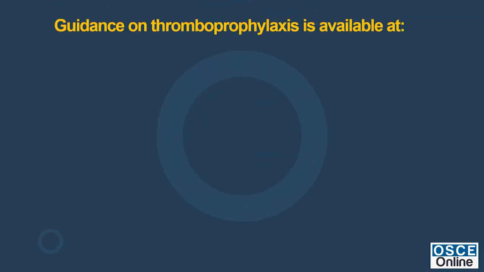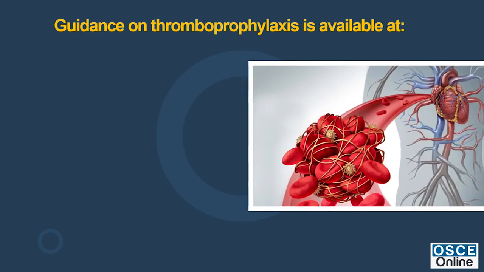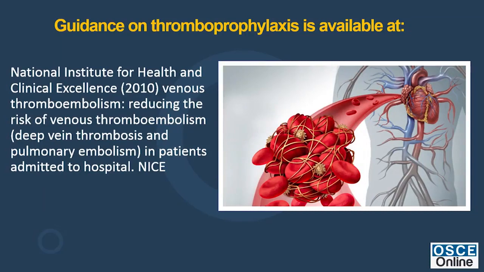Guidance on thromboprophylaxis is available at National Institute for Health and Clinical Excellence, 2010, Venous Thromboembolism, Reducing the Risk of Venous Thromboembolism, Deep Vein Thrombosis and Pulmonary Embolism in patients admitted to hospital.